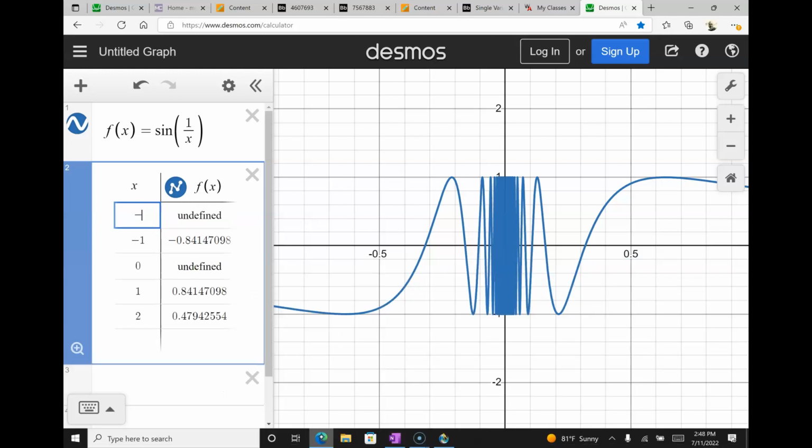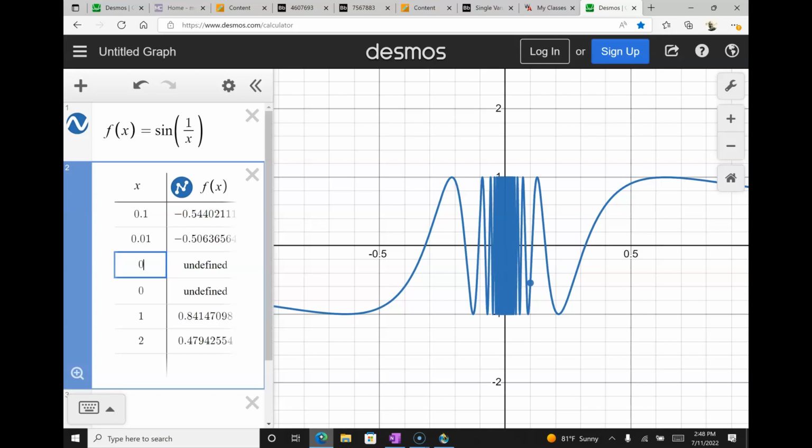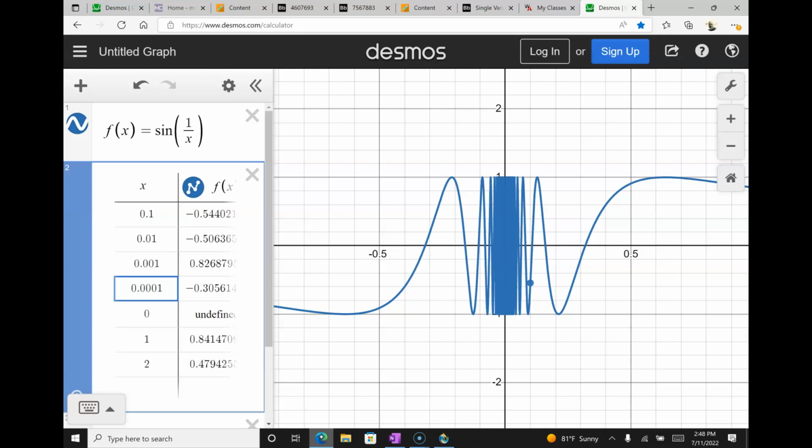Let's just do from the right, 0.1, and then 0.01, and then 0.001, and then 0.0001.